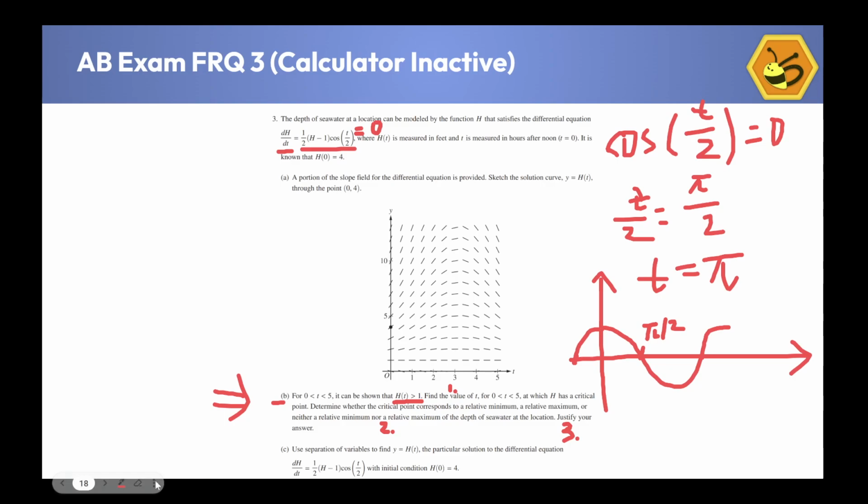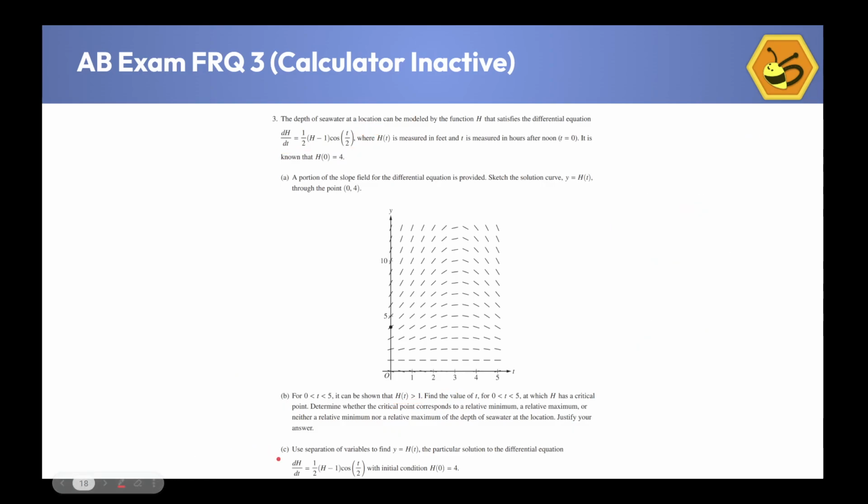Here it is, part C now. Use separation of variables to solve a differential equation. And we need to find the particular solution when given the initial condition. So, initial value problem for a differential equation.